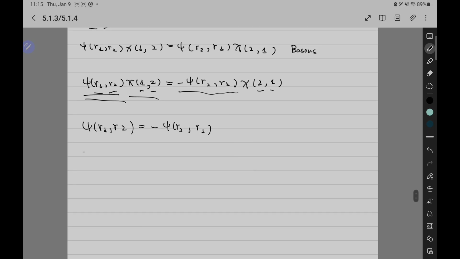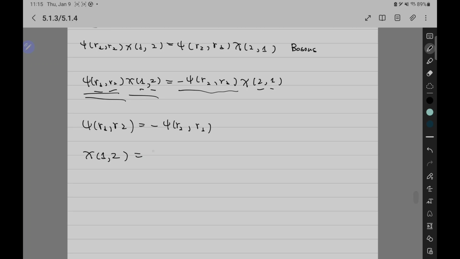But the same rule goes for the spinor. If the spinor chi of 1, 2 is anti-symmetric, this will result in a negative under this exchange. So if they're both anti-symmetrical, then what ends up happening? You end up with a negative phi of r2, r1 and a negative chi of 2, 1. You have two negatives, and you multiply them to each other, that makes a positive, right?